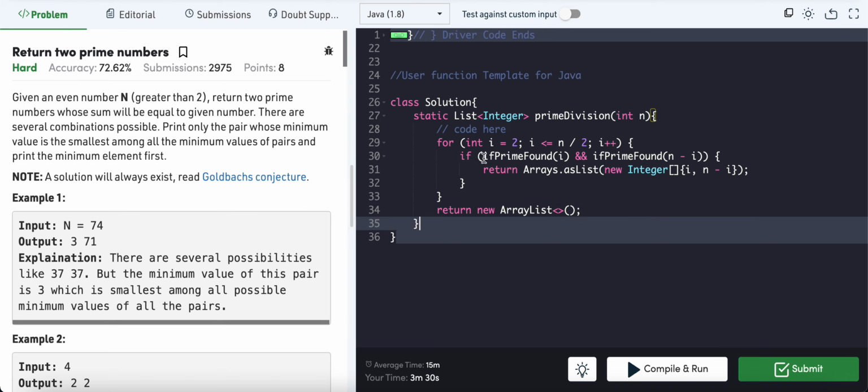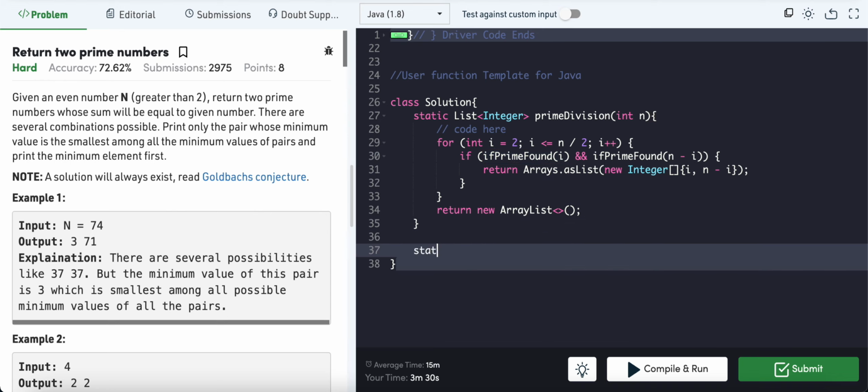Now we need to write the condition for isPrimeFound. Here we can do the normal prime or not prime check, which has a time complexity of big O of root n, or we can also implement the Sieve of Eratosthenes. But here the normal prime number check will be sufficient.